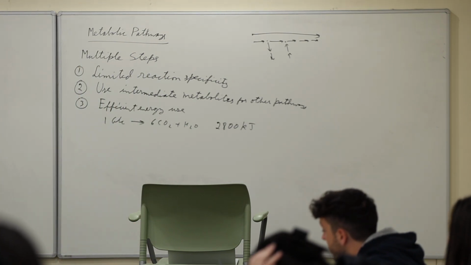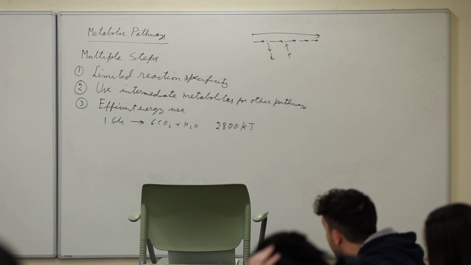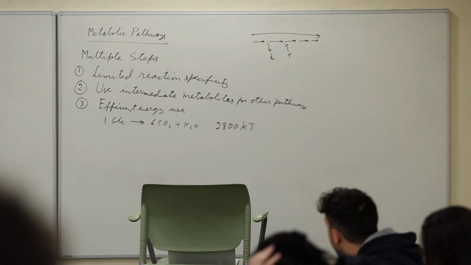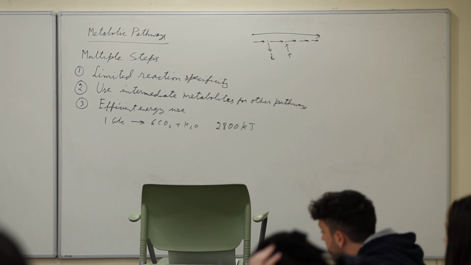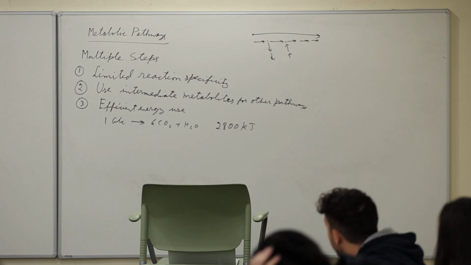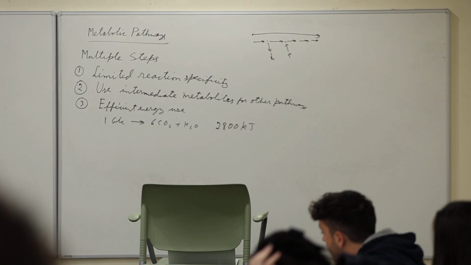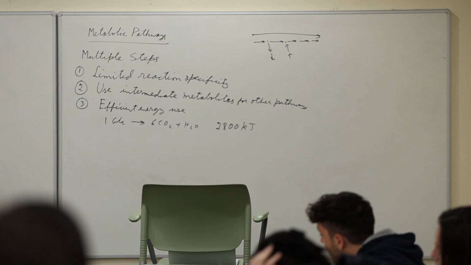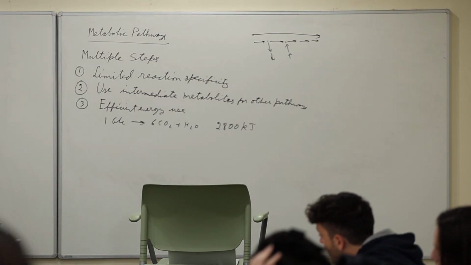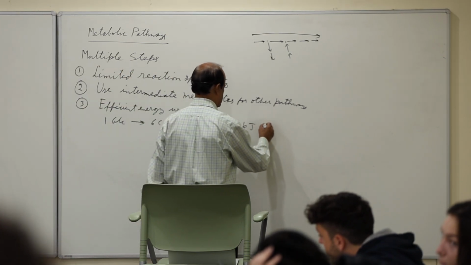And what will this energy be used for? To make ATP. If this reaction was done in one step, then only one molecule of ATP can be made, because that's how the enzymes work. They have limited reaction specificity, and you never make more than 1 ATP in a reaction. So all this will be used to make 1 ATP.